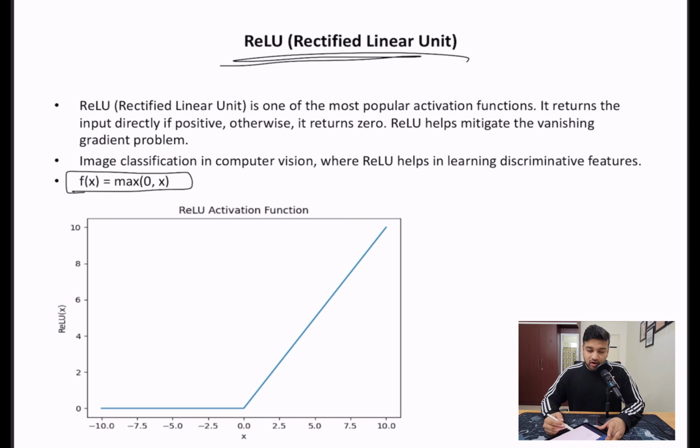One of the major advantages of ReLU is that before ReLU, we had a very big problem of vanishing gradient. When you backpropagate through your neural network, if your gradient is very small, as you pass through the layers it becomes smaller and smaller, and ultimately it diminishes to a value that is mathematically insignificant, right? That is the main problem that ReLU has been able to solve, because the derivative is either 0 or 1, so it does not diminish as you go back through the layers of your neural network.